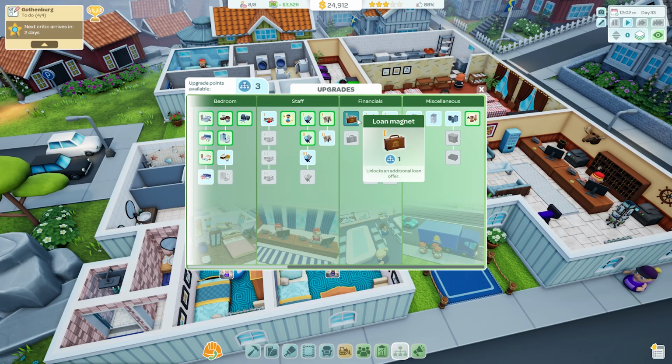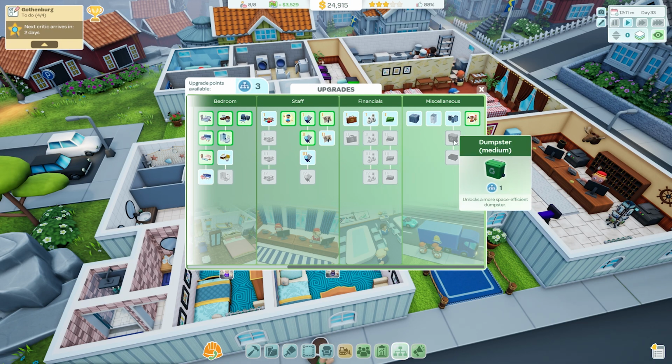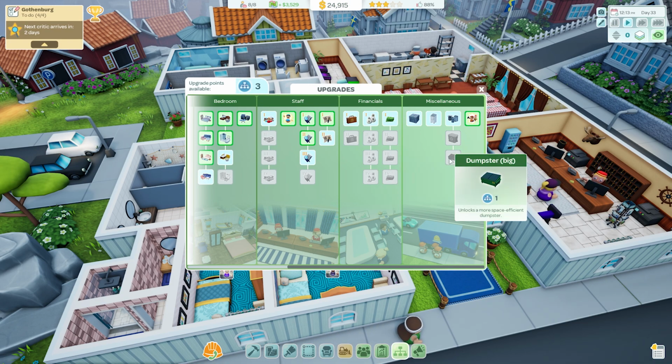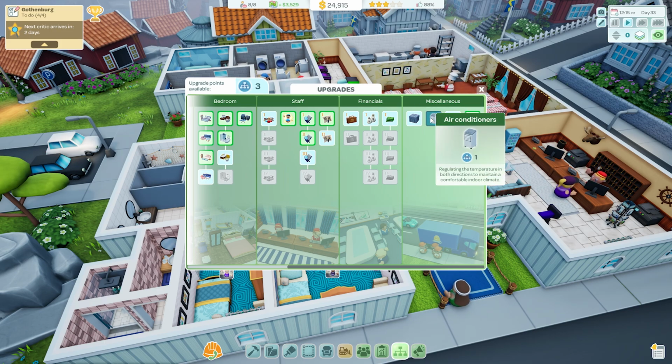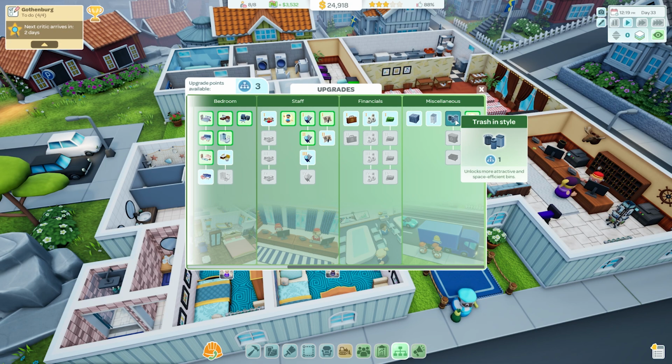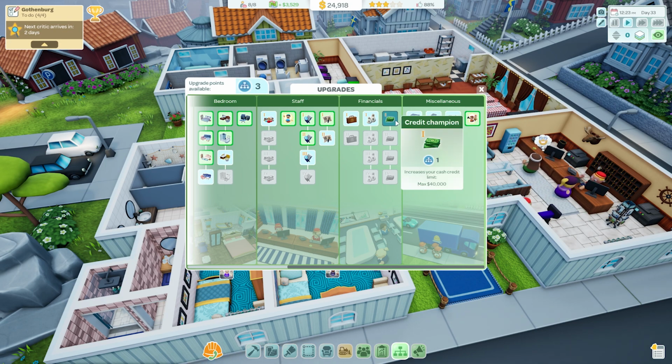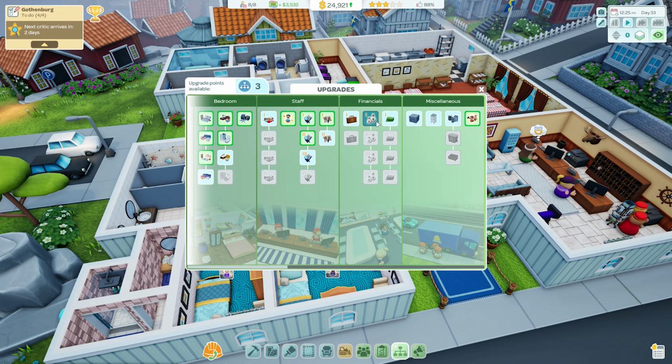Okay. Unlocks an additional loan offer, so we could do that. Dumpster meme unlocks a space-efficient dumpster. Dumpster big. Increases your cash credit limit.